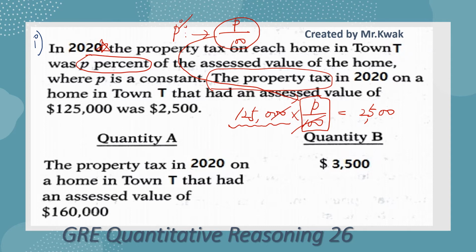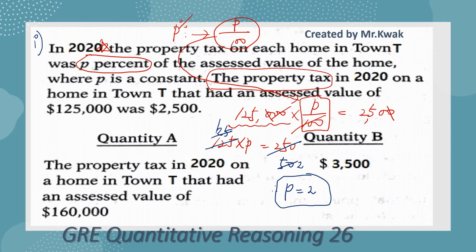In that case, reduce again. 125 multiplied by P equals 250. In that case, with the navy color. So P could be 2, which means P% means 2%. Is that correct? Yes, right, guys.